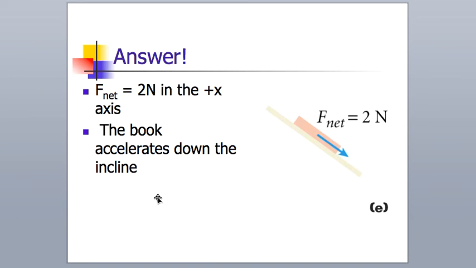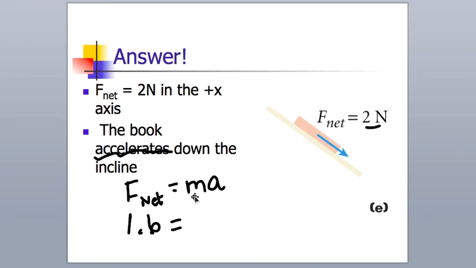The possible follow-up question to this is, what is the acceleration of the book down the ramp? Well, we can find the acceleration if we know the mass and the net force. We know the net force is 1.6. I rounded it to 2 for sig figs, but now if I'm going to go another step to find acceleration, I'm going to go back to the 1.6.